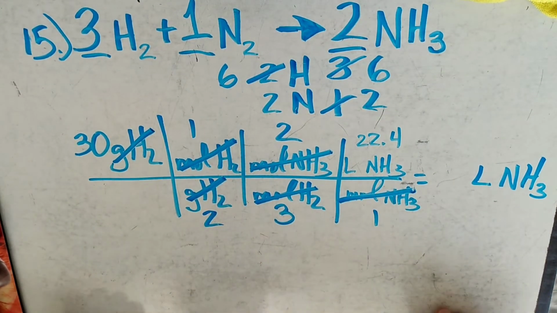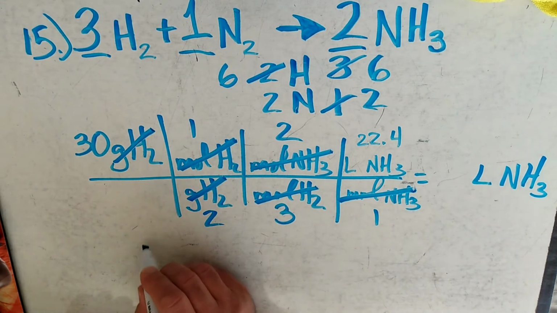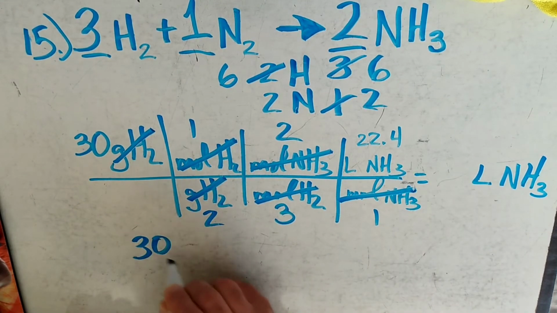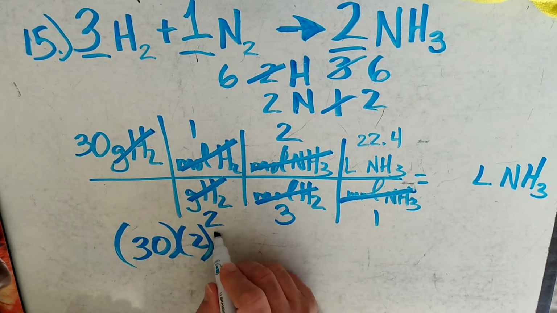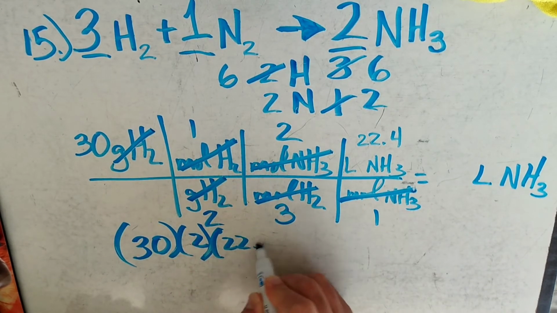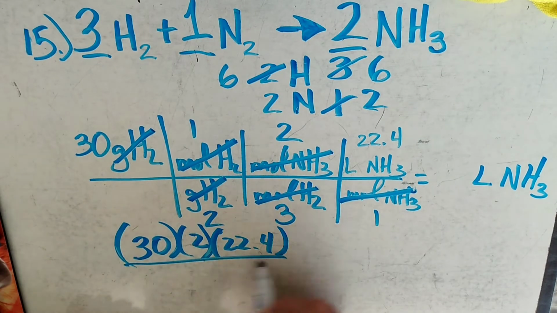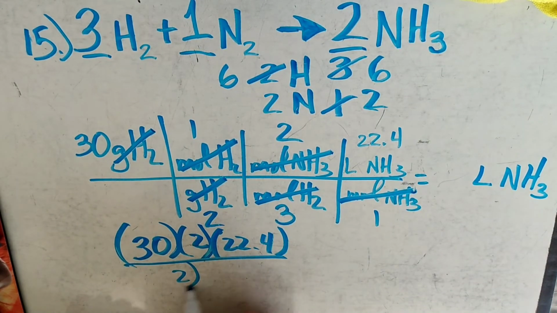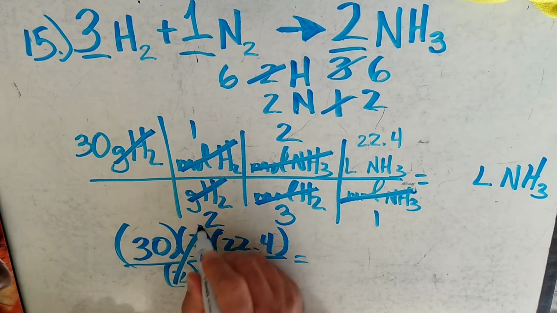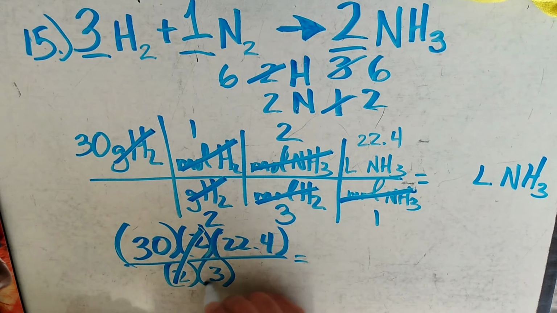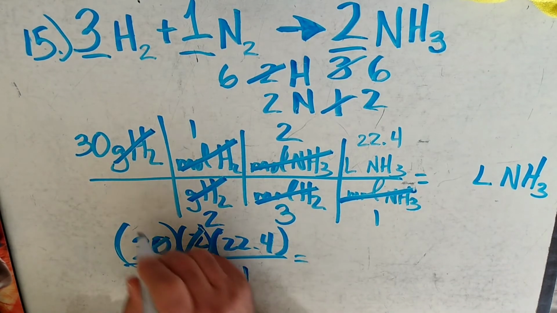Let's simplify. Let's go ahead and bring the numbers down. So we have 30 times 2 times 22.4, all divided by 2 times 3. Okay, let's simplify. 2's cancel out. 3 goes into 30 10 times.